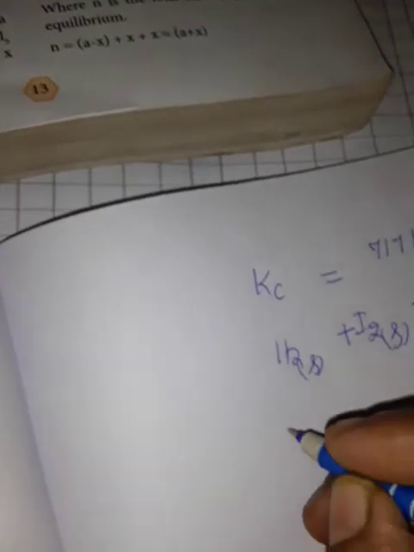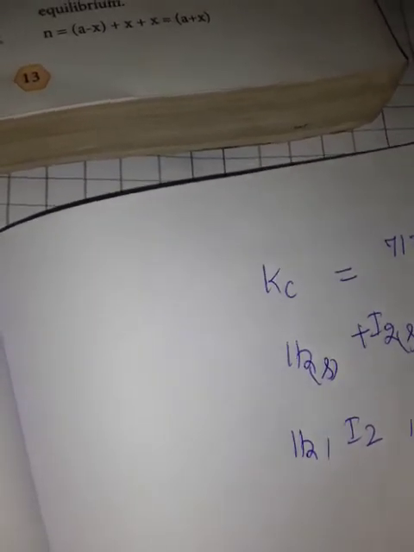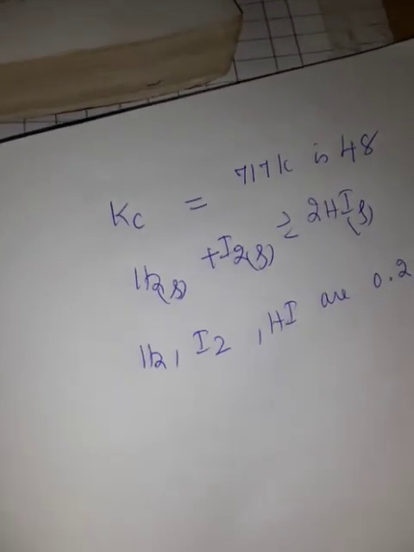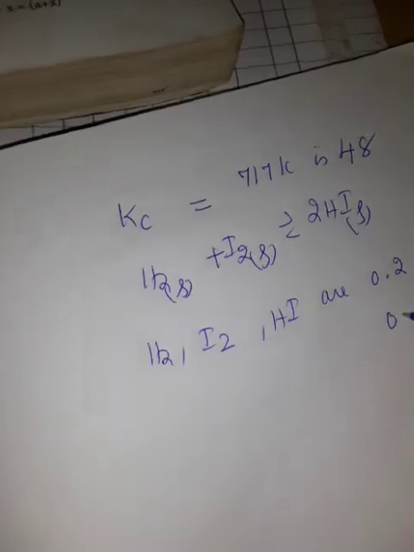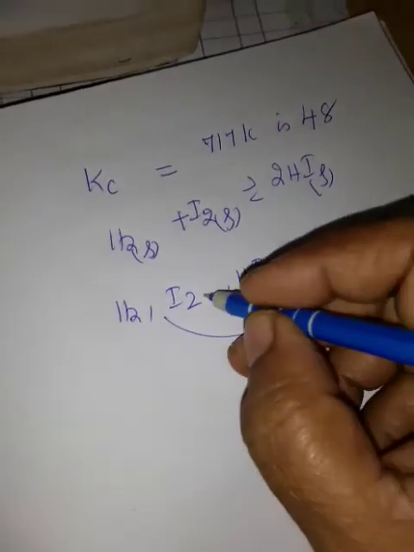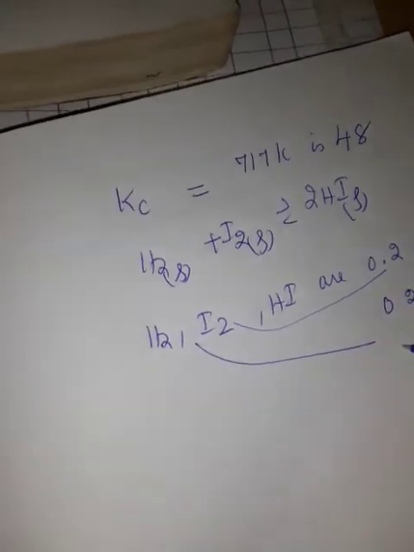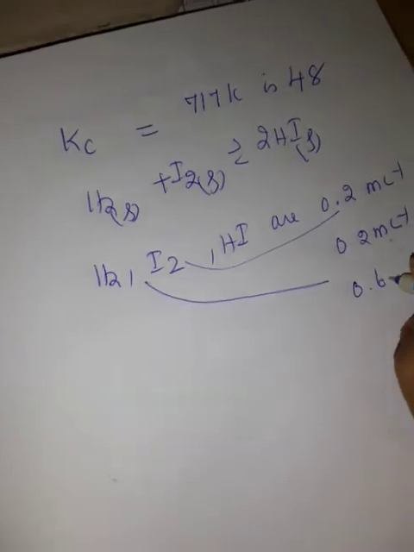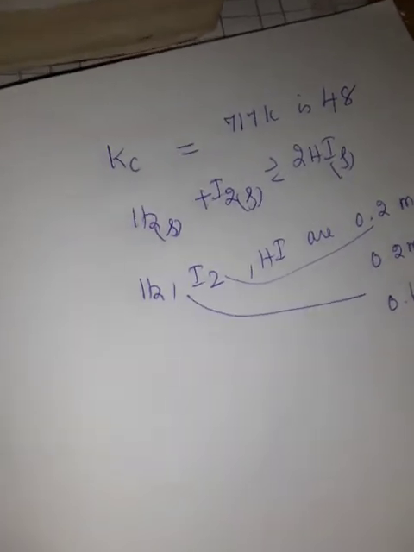Then the concentrations of H2, I2 and HI are 0.2 moles per liter for H2, 0.2 moles per liter for I2, and for HI 0.6 moles per liter.